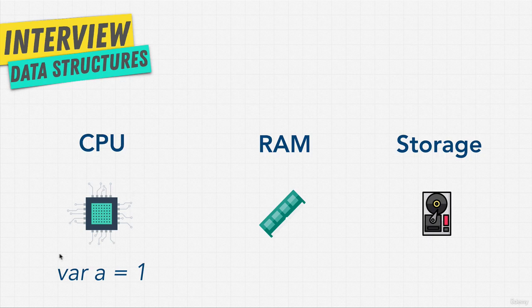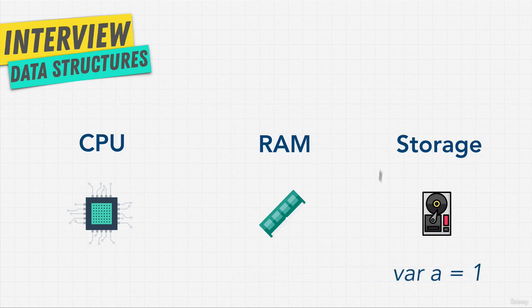Now, when a variable is declared in, let's say, a script to run Google Chrome, it's going to hold that in memory, in our random access memory. But once we turn off or close Google Chrome, we want to be able to reopen it, right? Well, that's what we do when we save an application on our computer.